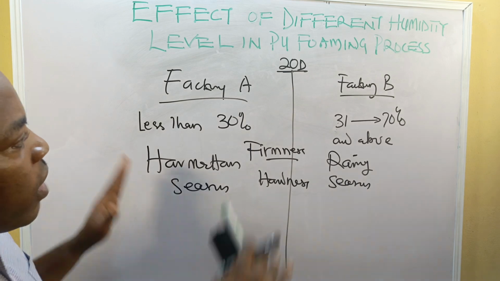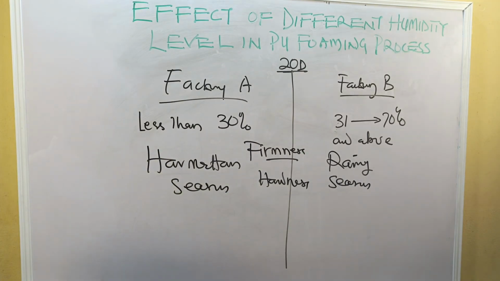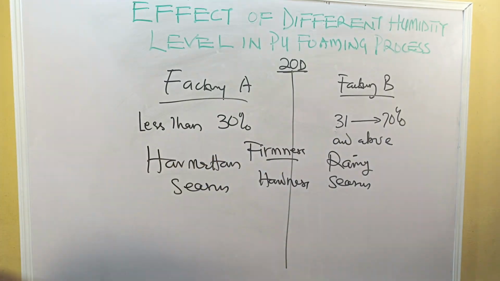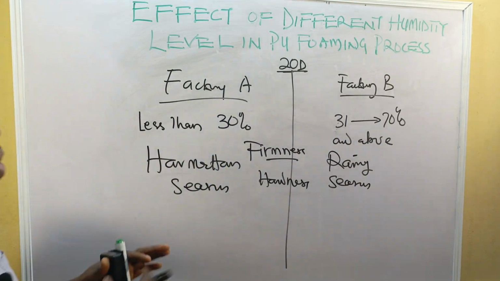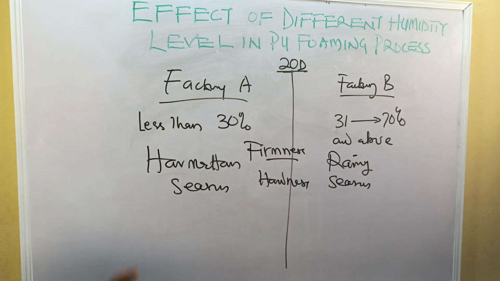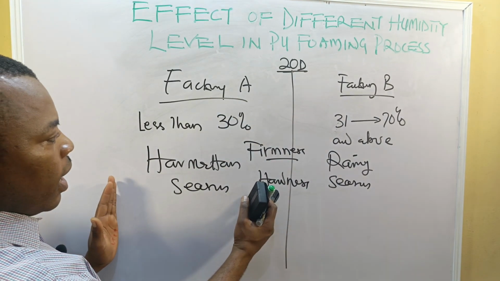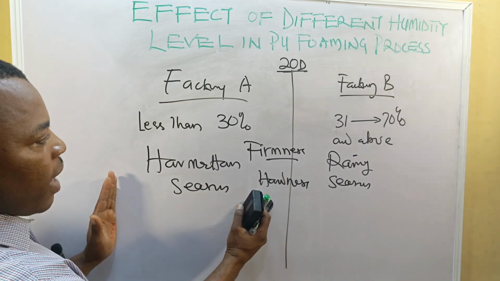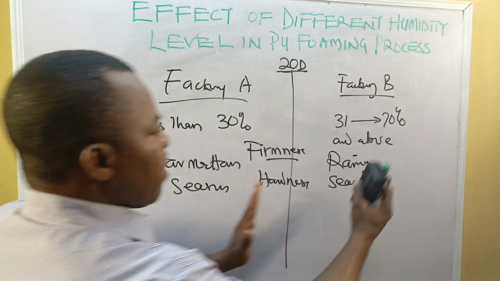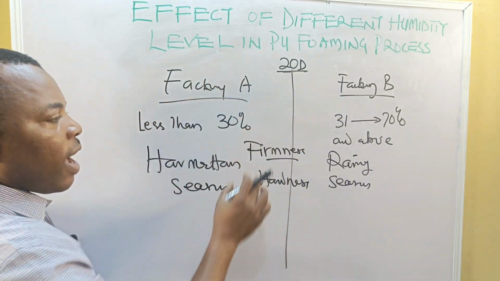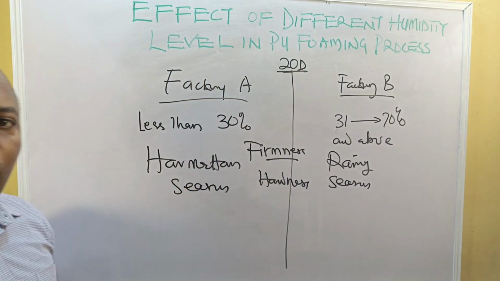Okay, so this is what happened. This is the raining season indicator. This is the Harmattan season. Here is less. So in this case of production, you need to make adjustments here and make adjustments here so as to keep the density the same and also keep the hardness of the foam the same.